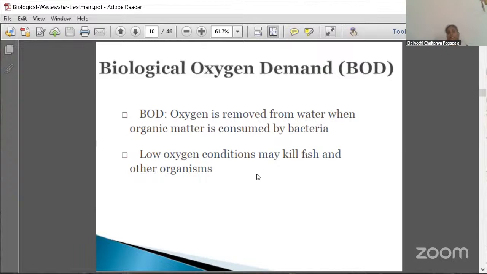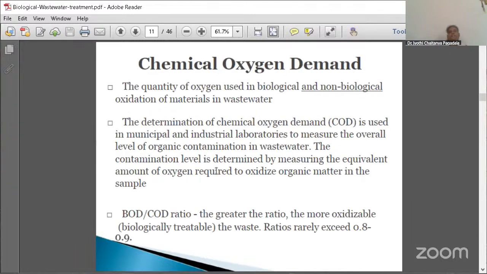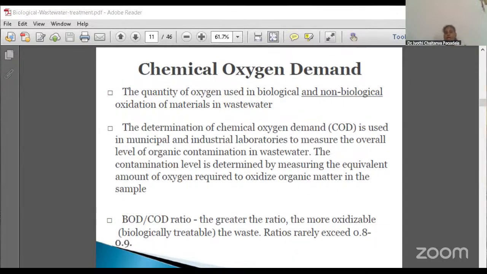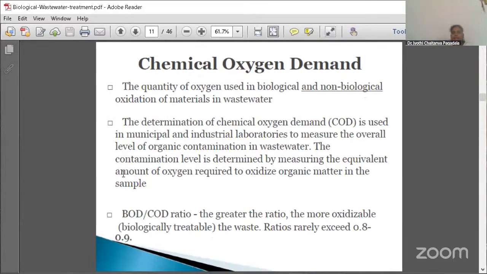Low oxygen conditions may kill fish and other organisms. When coming to the chemical oxygen demand, it is the quantity of oxygen used in biological and non-biological oxidation of materials in wastewater.